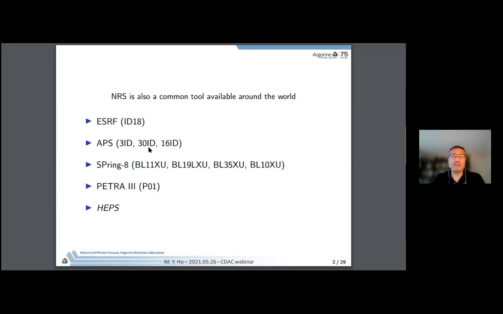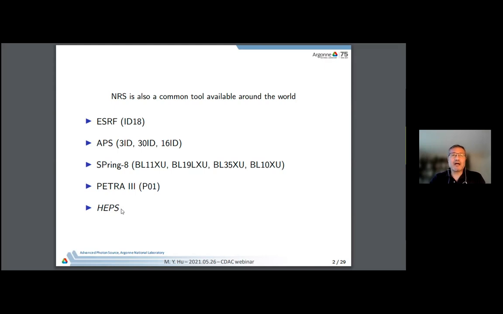APS likely has the predominant standard operation mode. Then Petra 3, and to some extent ESRF and SPring-8, have some timing modes they can use too. Also, the High Energy Photon Source in Beijing will be coming online in a couple of years. So there are many sources, and it's quite a prevalent tool you can use.